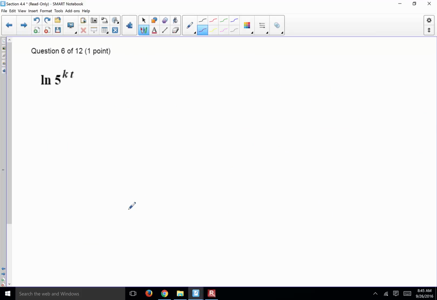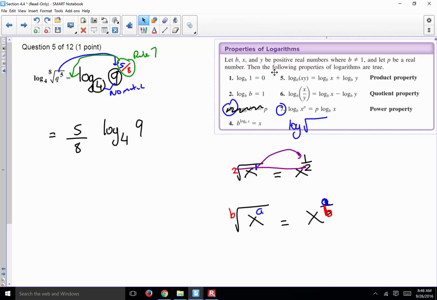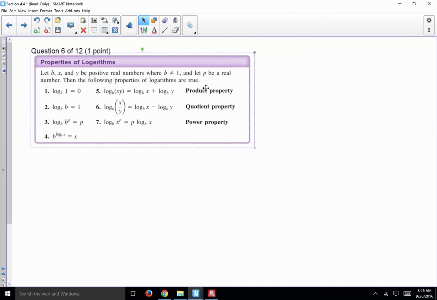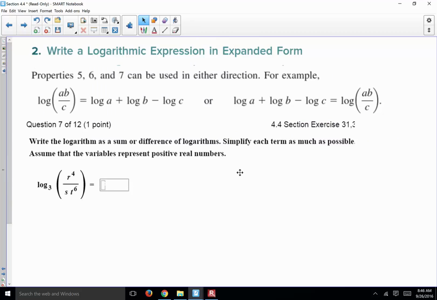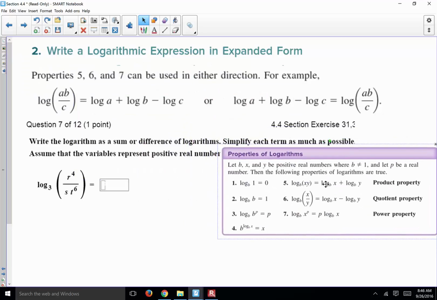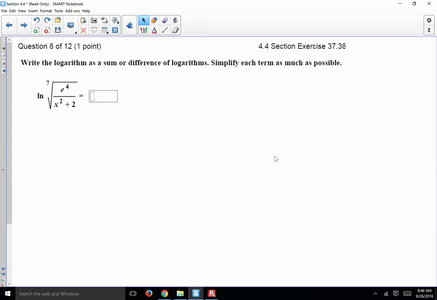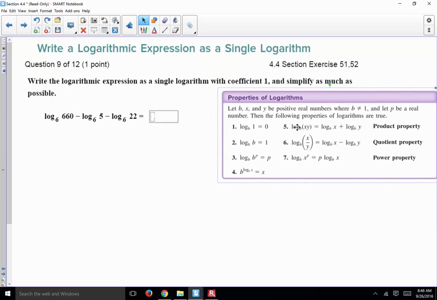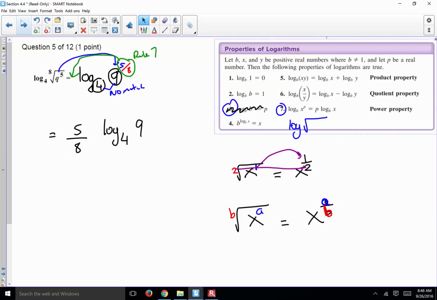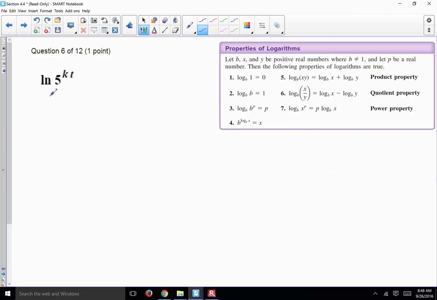Alright, go ahead and think about this. I wonder what those two letters ln means. I don't see a logarithm here. Do you? ln is actually a logarithm, right?